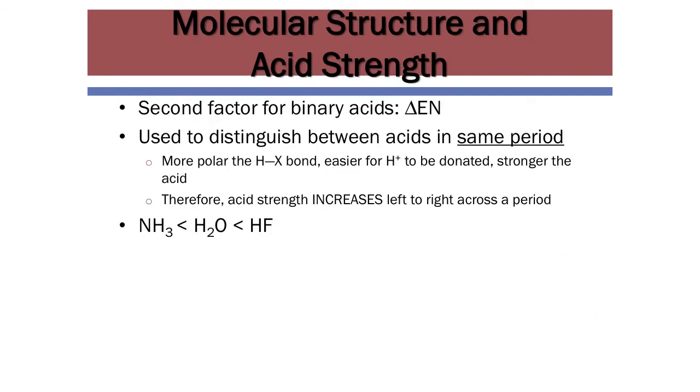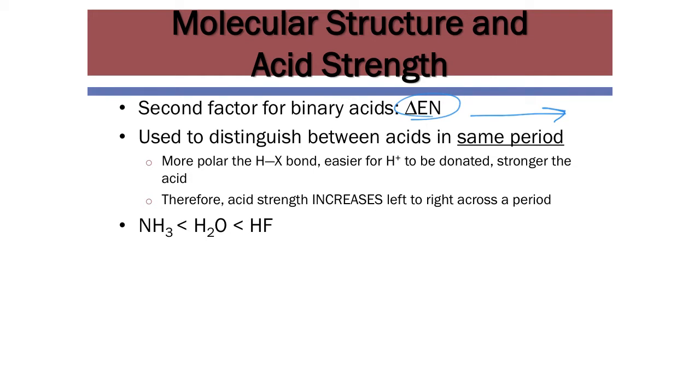All right, so the second factor that we can look at with our binary acids is moving across the period. As we move across the period, an increase in electronegativity difference, so change in electronegativity, will give us a stronger acid.